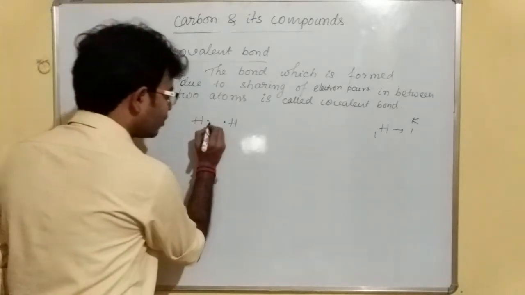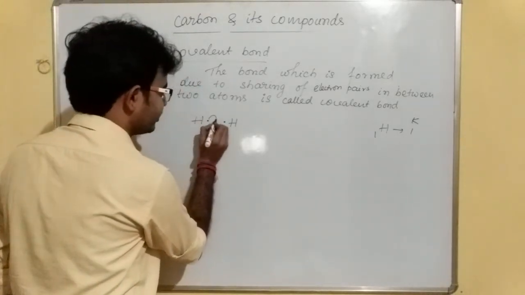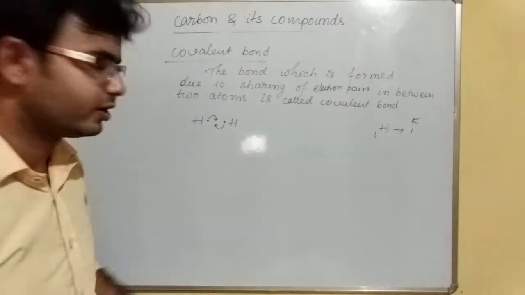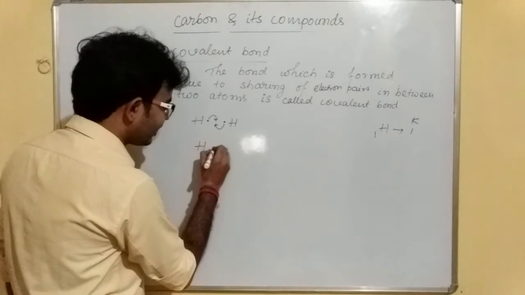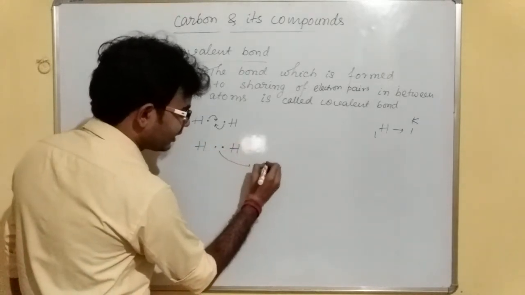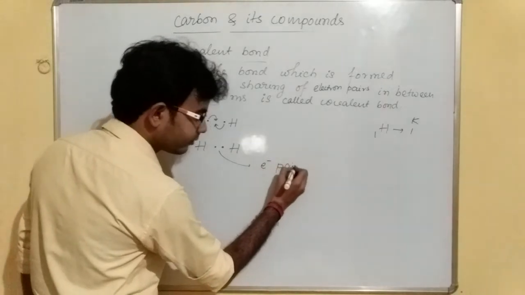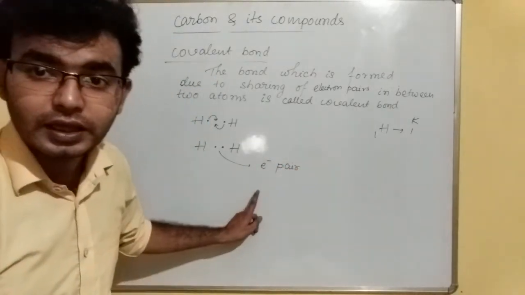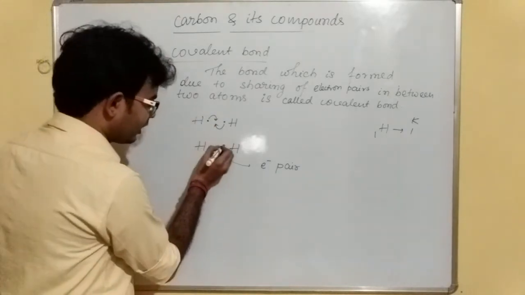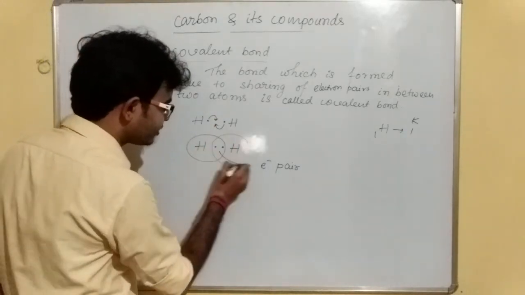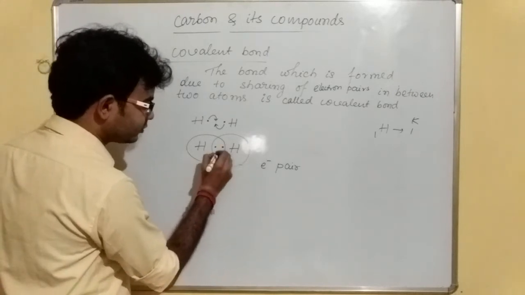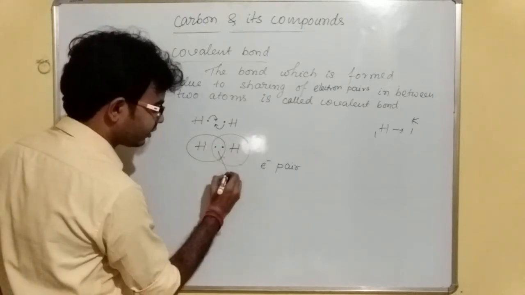Fine. The two hydrogens will share one electron each. They will donate one electron each, and they will form an electron pair. क्या बनाएंगे? एक इलेक्ट्रॉन पेयर बनाएंगे, and this electron pair will be shared by them. ये जो इलेक्ट्रॉन पेयर है, इस इलेक्ट्रॉन पेयर को दोनों मिलकर शेयर करेंगे.